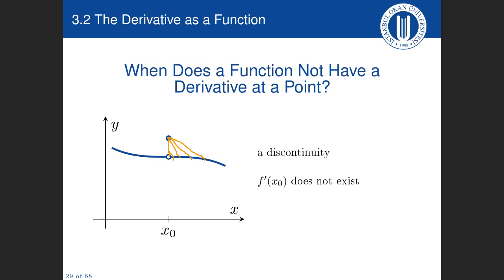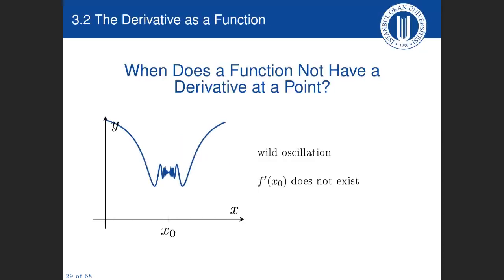We would end up with minus infinity, except if we did it on the left, we did the same thing. We would then end up with the left-hand limit is equal to infinity. So at a discontinuity like this, the derivative does not exist. And also, if we had some sort of wild oscillation as we got closer and closer to x0, then the derivative of f at x0 does not exist.